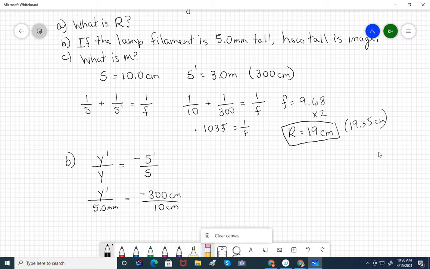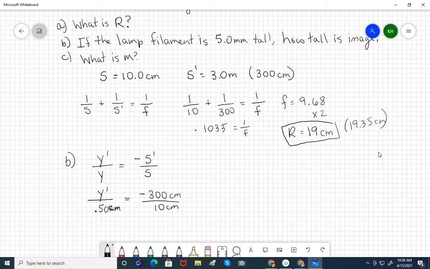So if we'd rather be consistent, we could change it to 0.50 centimeters. I changed it to centimeters. And now you just need to cross multiply.